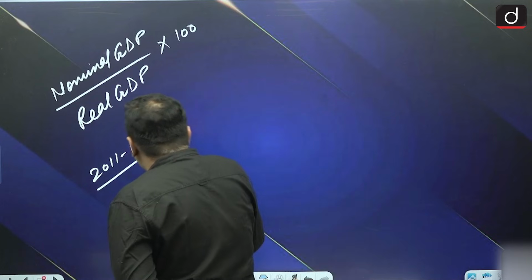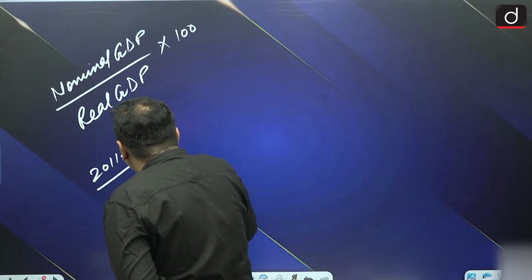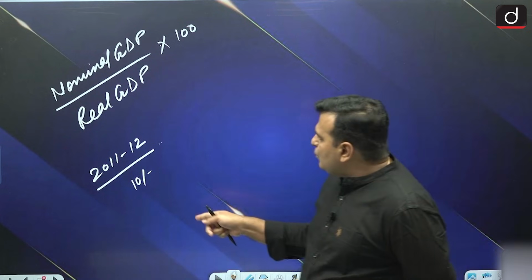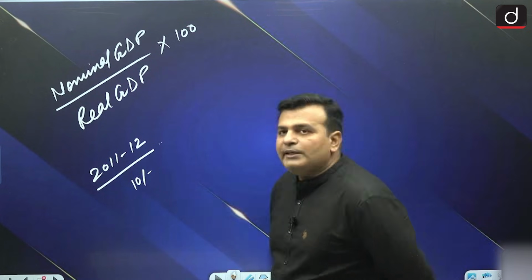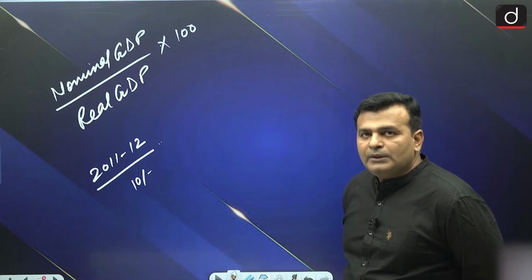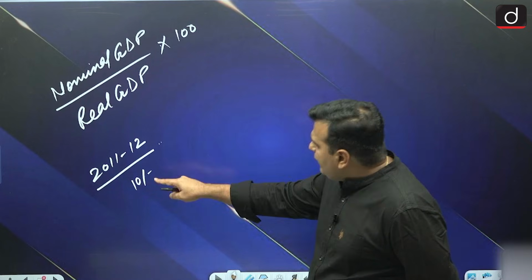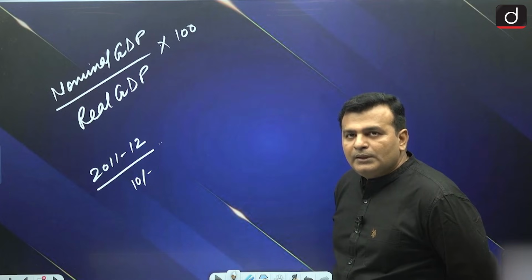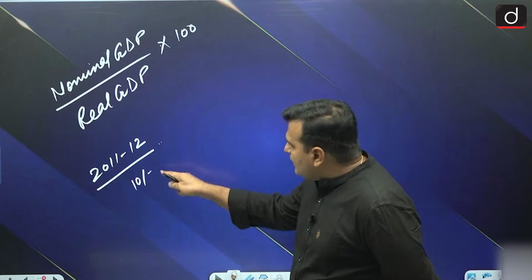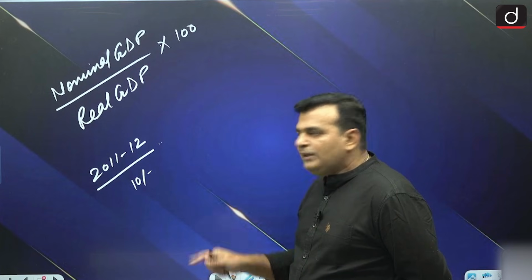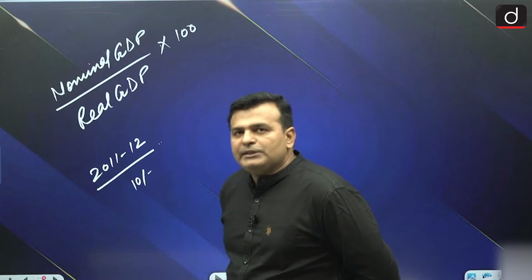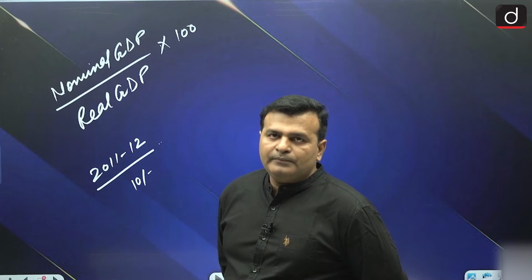In this base year, one car in India is being sold at a price that is 10 rupees. So for 11-12, this is the market price. And since 11-12 is the base year, even in calculation of real GDP, the same price will be taken into consideration.